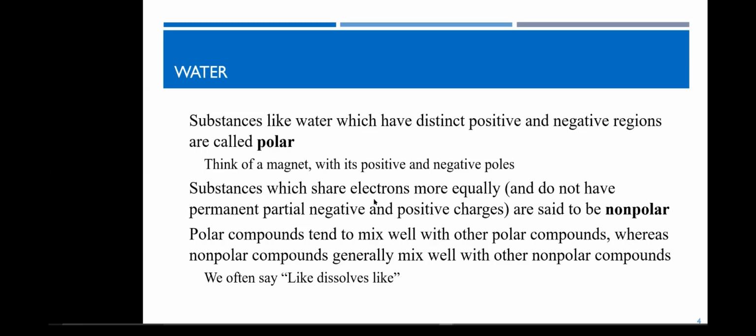So something which is very electronegative does not like to share electrons in bonds. It's always about bonds. So when two things are bonded, the more electronegative one will try to pull the electrons toward it. If the atoms are of similar electronegativities, that means they share. And if they share very well, they don't have positive and negative regions. They are non-polar. There isn't a positive and a negative.